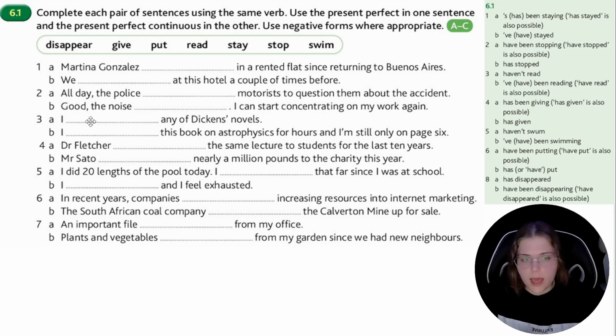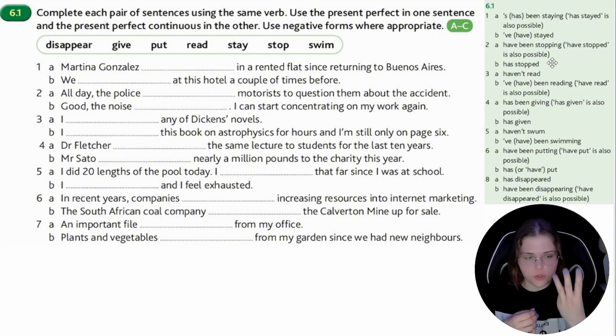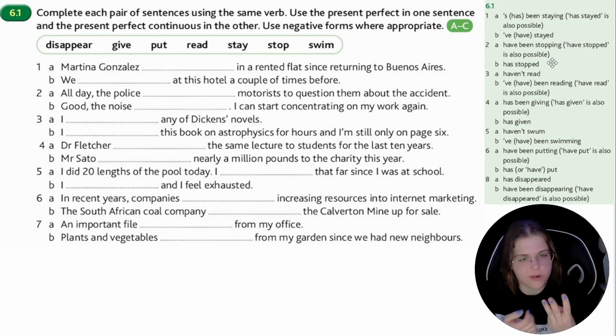Next, I haven't read. By the way, pay attention to this word. We don't use it like read because read is the first form, and present perfect is about the third form. Present perfect: have, has and the verb in the third form. The third form like ed or the third form of a regular verb.